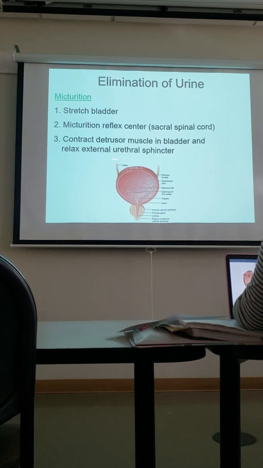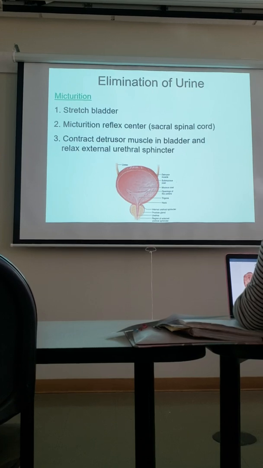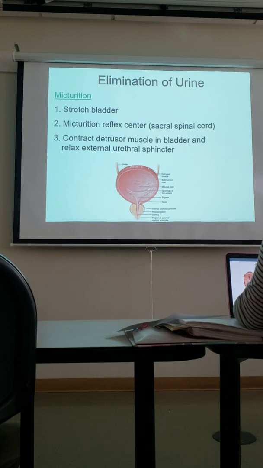At what age do you get control over that external urethral sphincter? 2 to 5? 10 years old? It's another way of asking, when are you potty trained? Potty training is actually teaching the kid to voluntarily control that urethral sphincter.